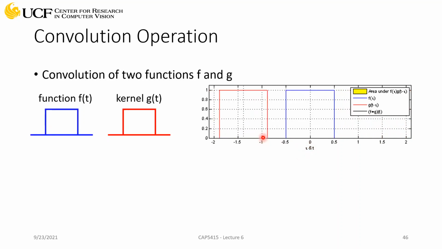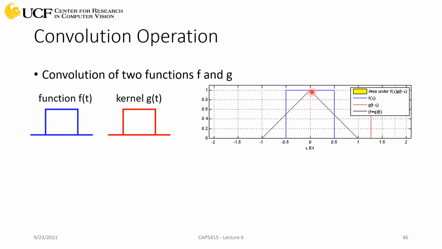As the overlap grows, the function and the filter are more similar, so the response is growing. At the center 0, they're perfectly overlapping, which means your function is exactly the same as your kernel, and you get the highest response. This black value is close to 1, which is the maximum response you can get.